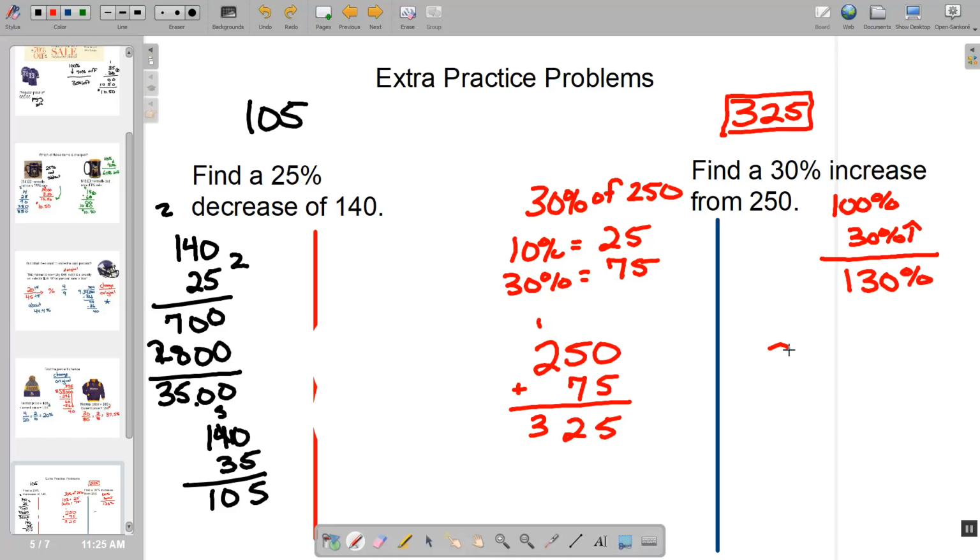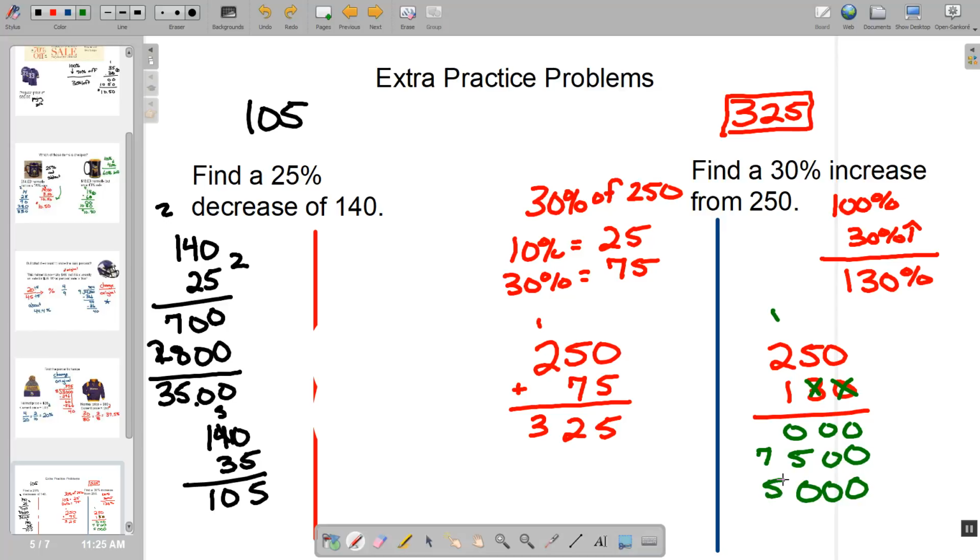Therefore, if I do 250 times 130%, that will give me the answer this time. And as you notice right here, this is already going to be more difficult than what we have been doing in the past. But if you notice, we will still get the same answer of 325.